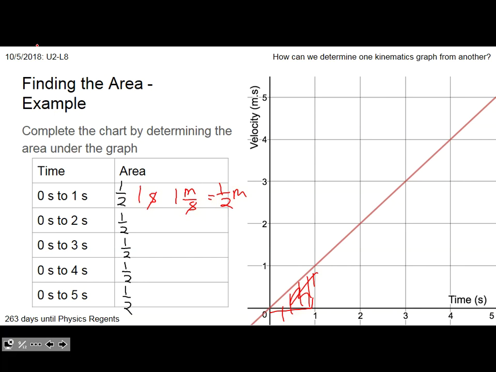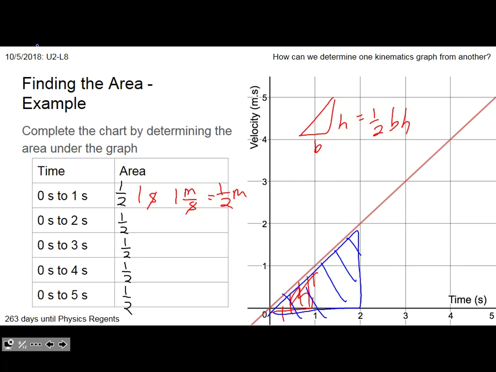For the next triangle, the half is there because we're talking about a triangle. Remember, the area of a triangle is 1/2 base times height. So now, let me do another triangle here. So this goes like this.